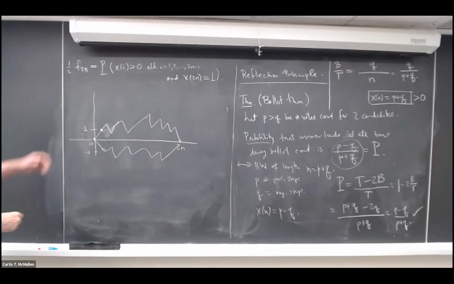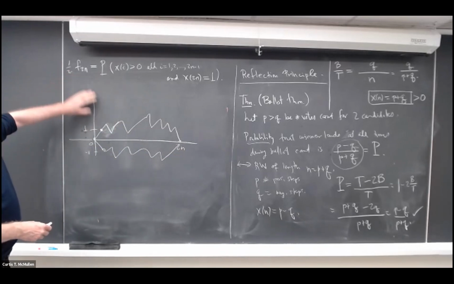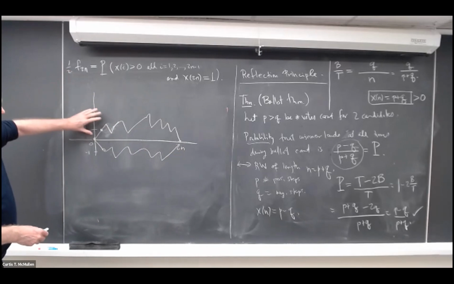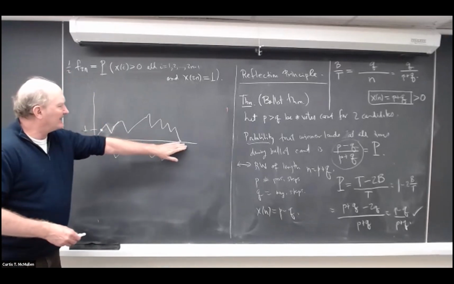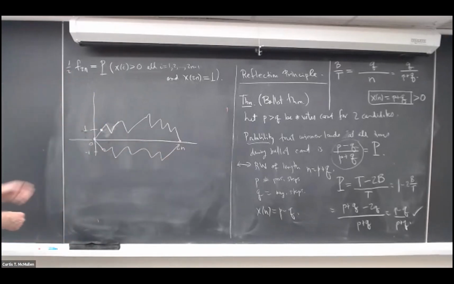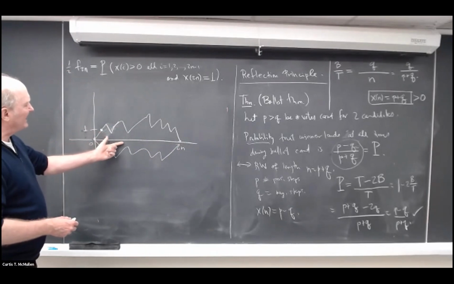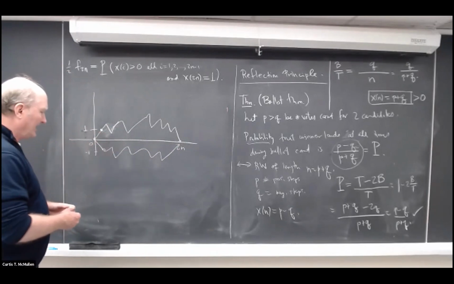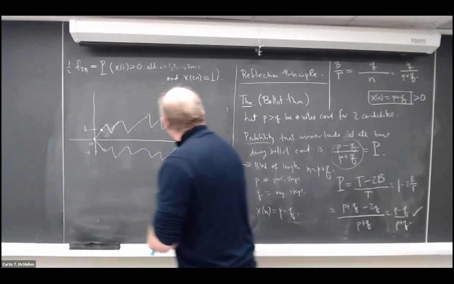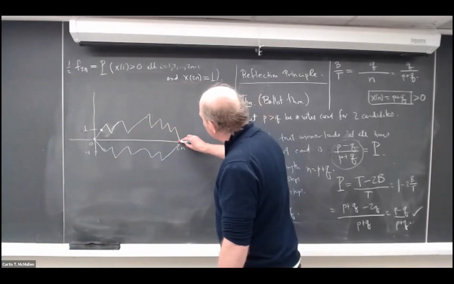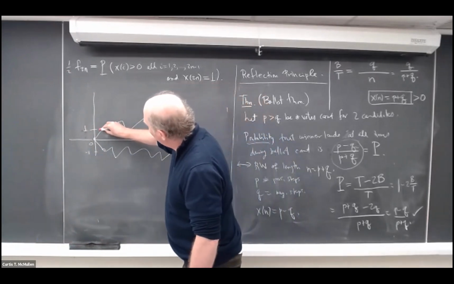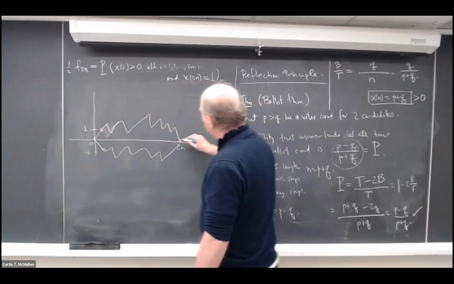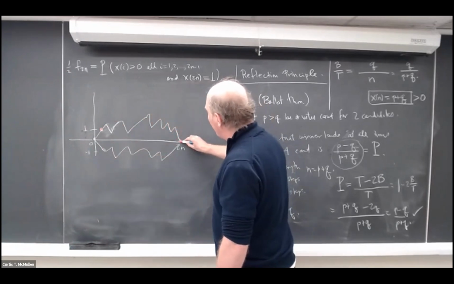But our real question is, what proportion of all paths that begin and end at 0 after time 2n never touch the x-axis? And that's not hard to answer. You see, let's think of this. Let's suppose that you first go to this point 1. So let's run the random walk backwards.